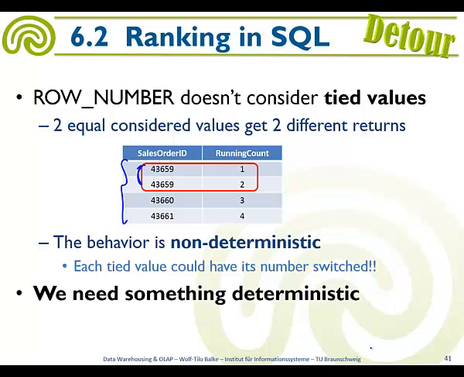And what happens here is, one time you run the SQL statement, the first region was ranked 1, the second region was ranked 2. If you rerun the SQL again, they might switch. And this is why we call it non-deterministic.